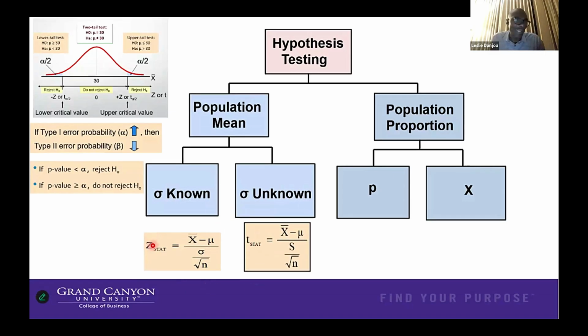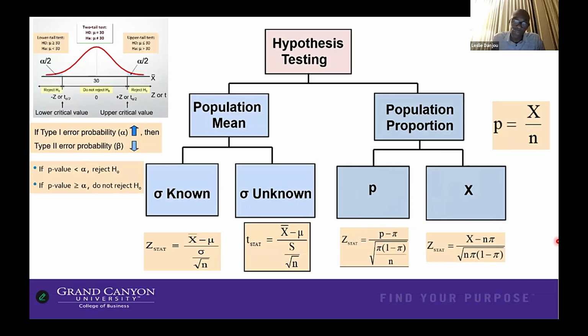Remember, z was a standard number. If we just know the sample standard deviation, we will use a t-stat value. If we're dealing with proportion, we will show you how to use this formula if you know your proportion value. This is your z-stat value. And if you know your x value, we will use this formula to find that point.